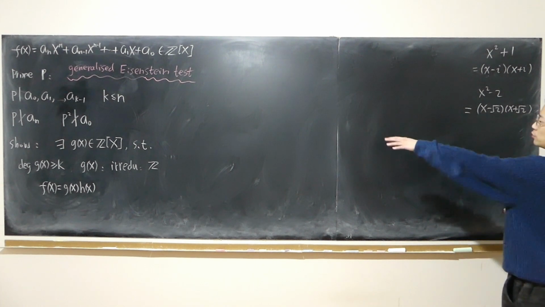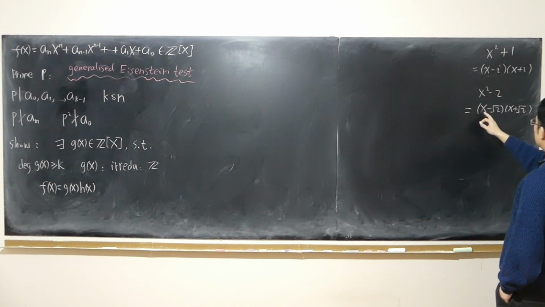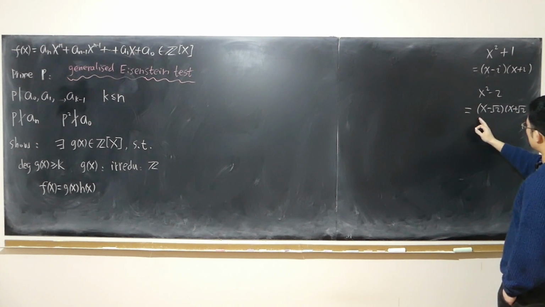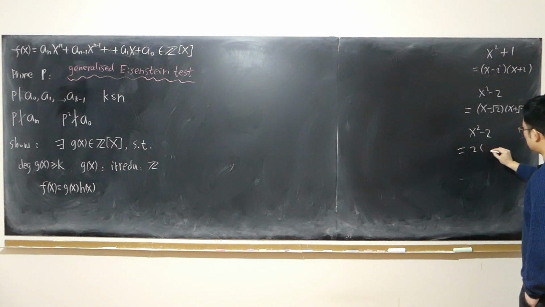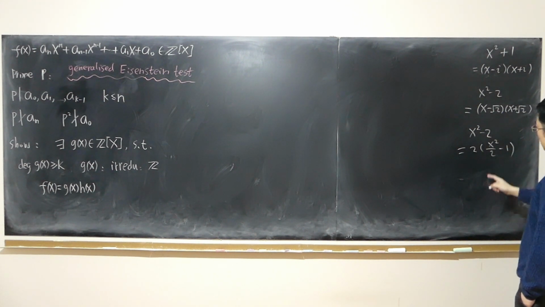By reducibility, I mean we have to write it as a product of several polynomials, where each polynomial has degree at least 1. So this doesn't count. For example, it can be written as 2 times half of x squared minus 1, but since 2 is a polynomial of degree 0, that doesn't count.